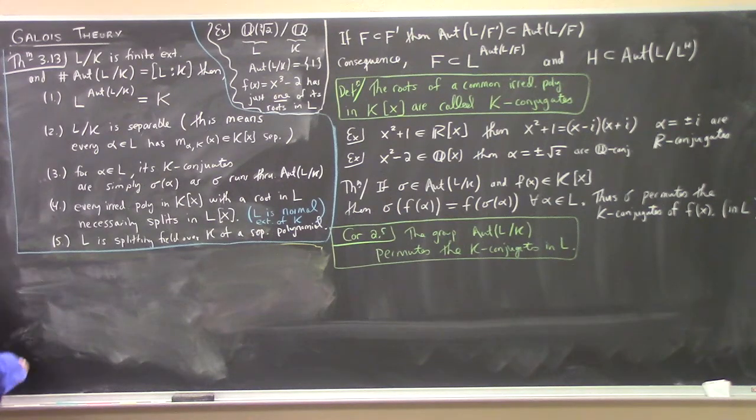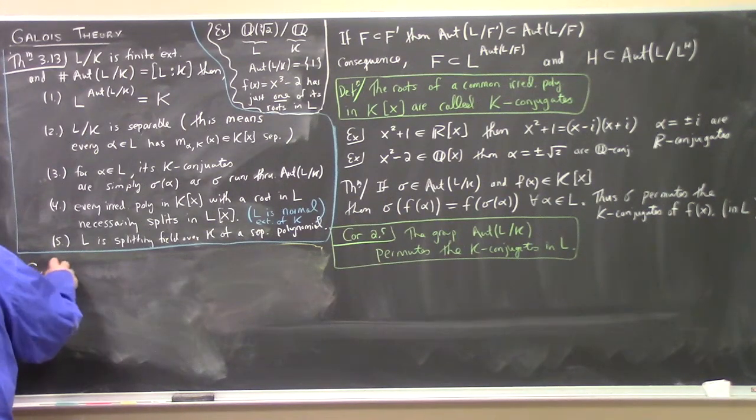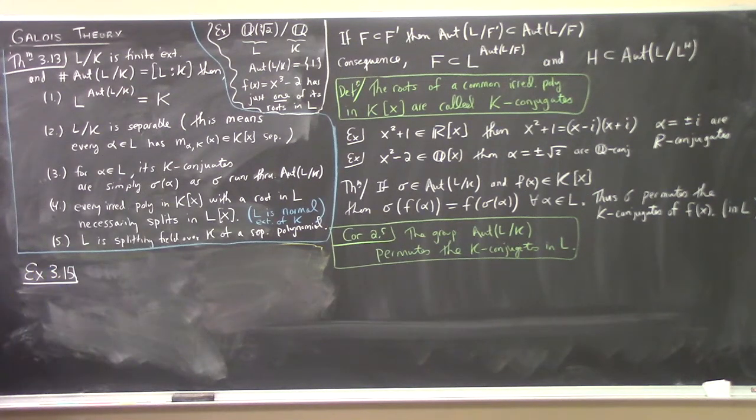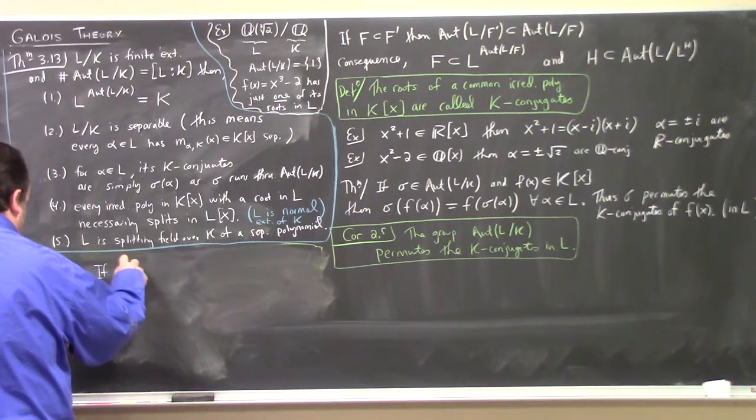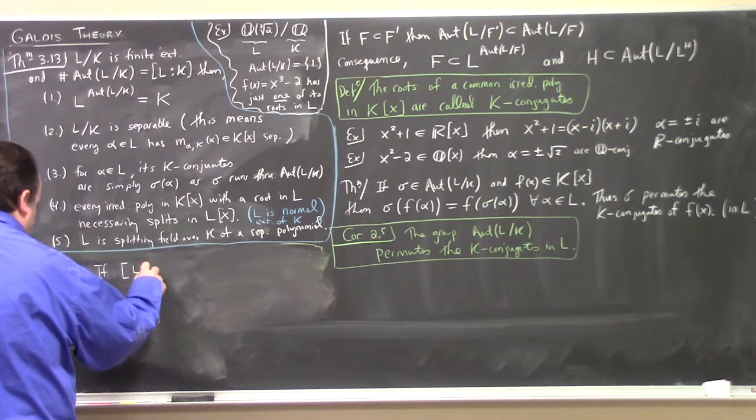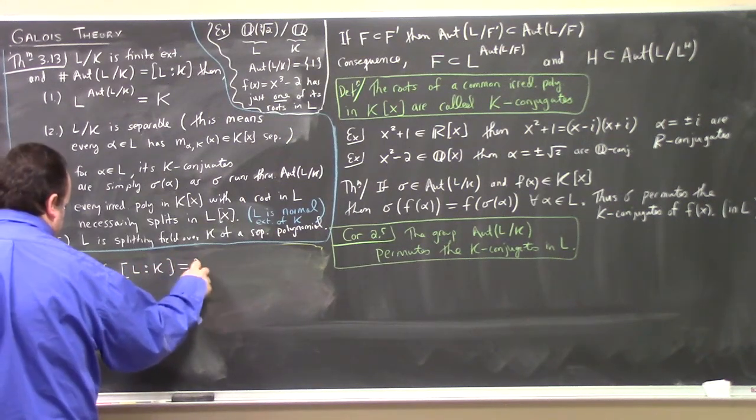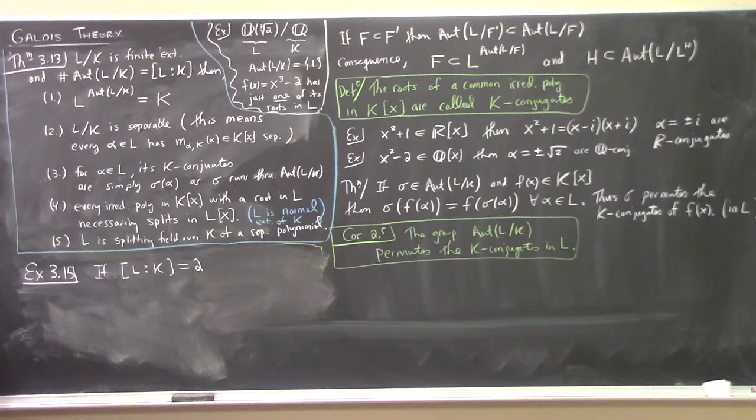Oh, fine. Example 3.15. As you know, I wrestle with indecision. Any quadratic extension, separable or not. All right, so if the degree of L over K is equal to 2, okay, that's a quadratic extension, right? Then he says any element of L has a minimal polynomial in K[x] of degree 1 or 2.